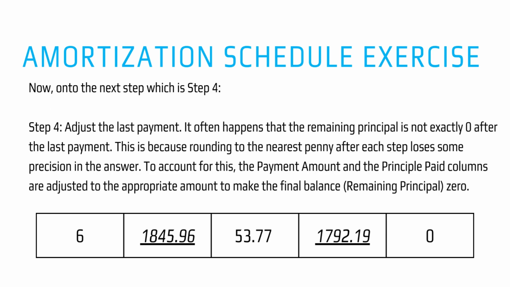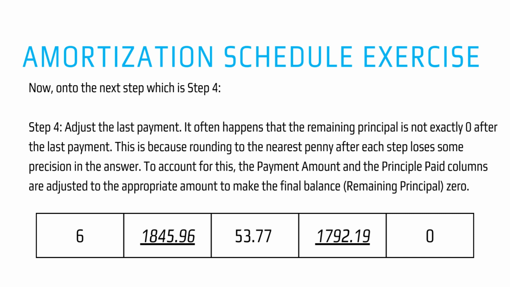Now on to the next step, which is step 4. Adjust the last payment. It often happens that the remaining principal is not exactly zero after the last payment. This is because rounding to the nearest penny after each step loses some precision in the answer.